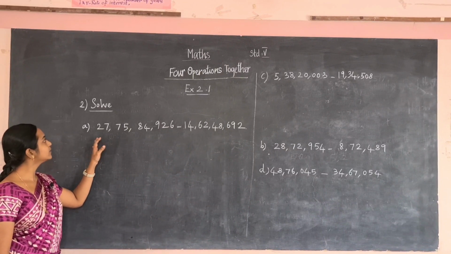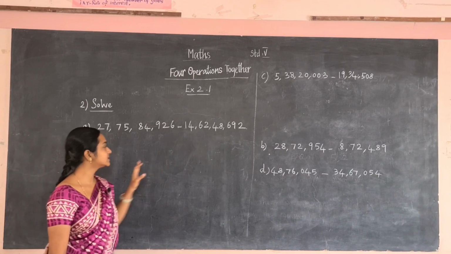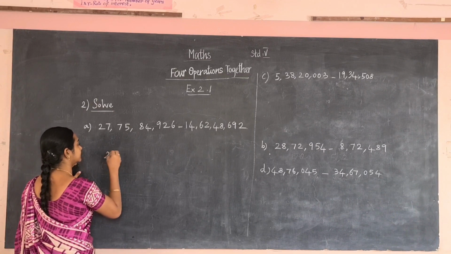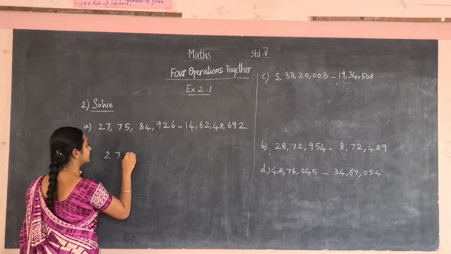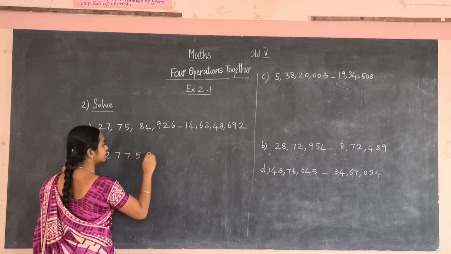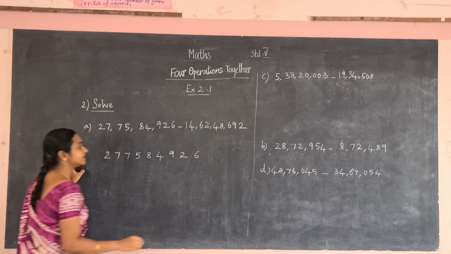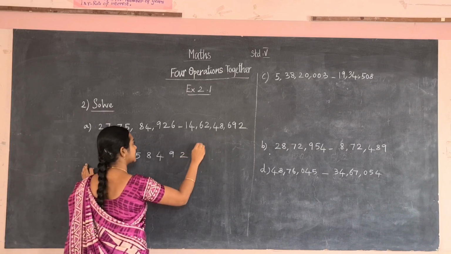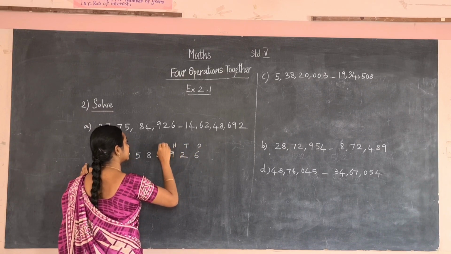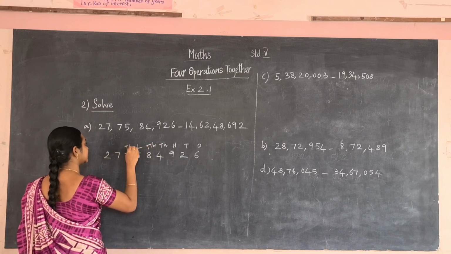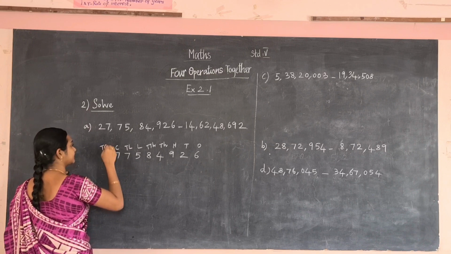Second is we have to subtract these two numbers. Write the first number. Write the number with the place value. That is ones, tens, 100s, 1,000s, 10,000s, lakhs, 10 lakhs, crore and 10 crore.